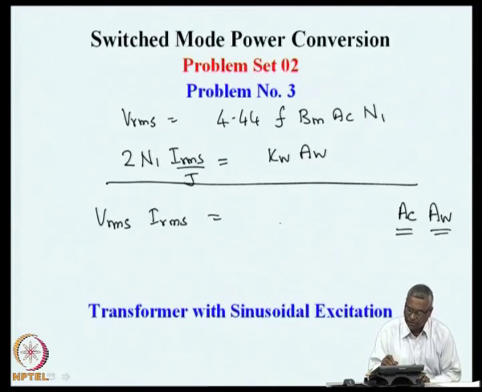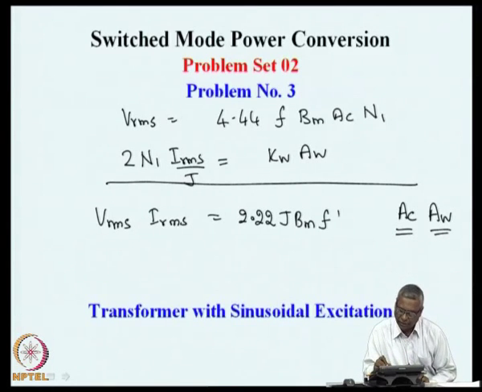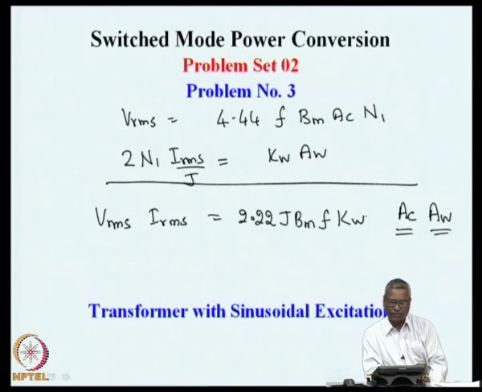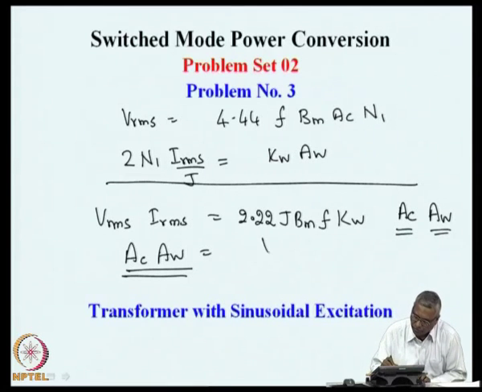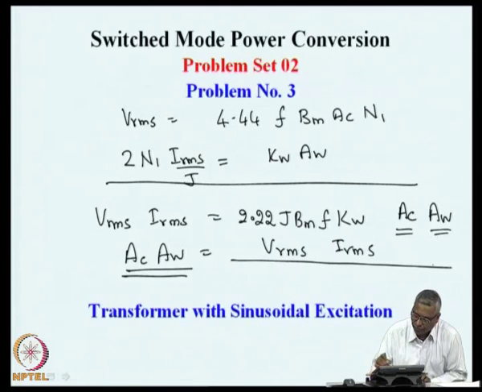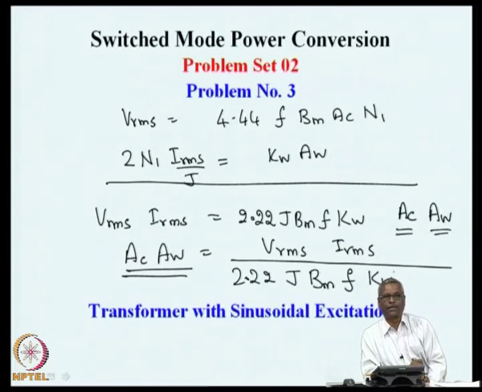All these other terms like 2.22 J Bm F Kw are the other terms, or we might say that the size of the transformer is related to current density, flux density maximum, frequency of operation, and window space factor.